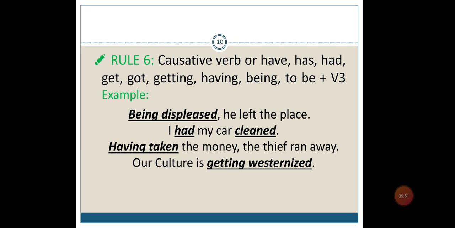Rule 6. Causative verb or have, has, had, get, got, getting, having, being, to be plus past participle form of the verb.